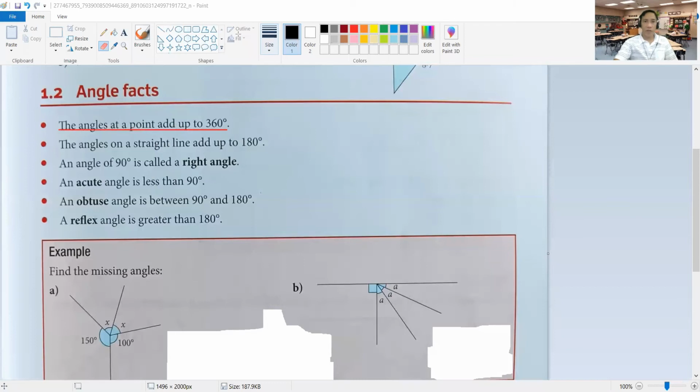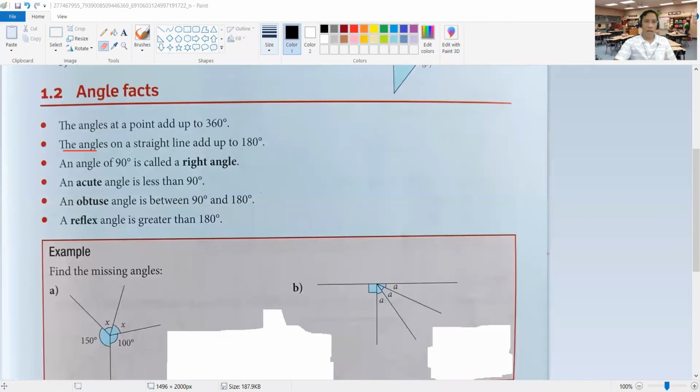So we all know that in a circle. As you can see in example number 1 here, from this point up to this point, when you add these angles, that is equal to 360 degrees. All right, so that's the first one.